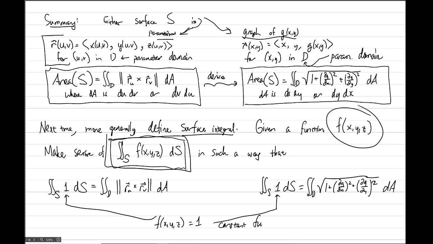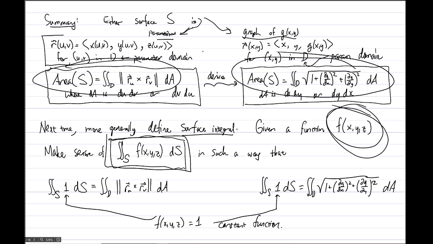But next time we're going to talk about what to do if you didn't have a constant function, if you had any old function for f of x comma y comma z. So it will use a lot of the setup that we have here, and finding just the areas of the surface using this integral or setting up that integral is a good warm-up to what we're going to be doing next time.